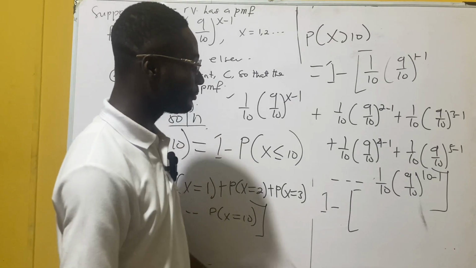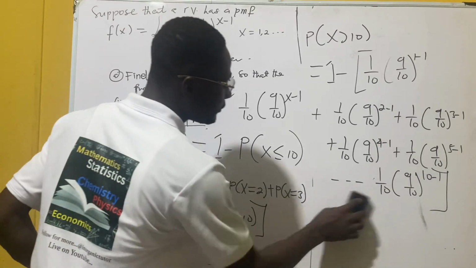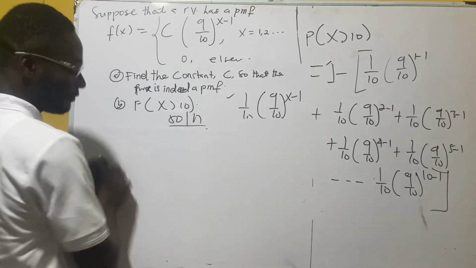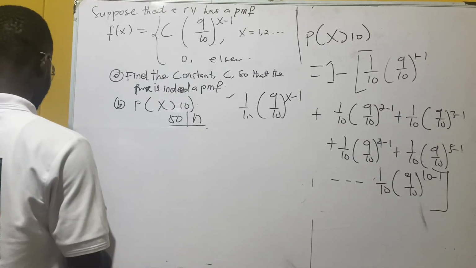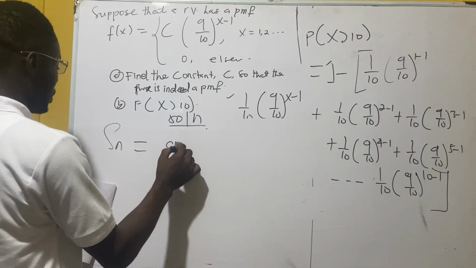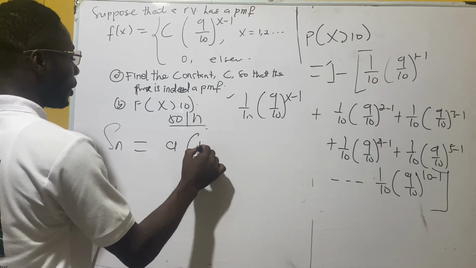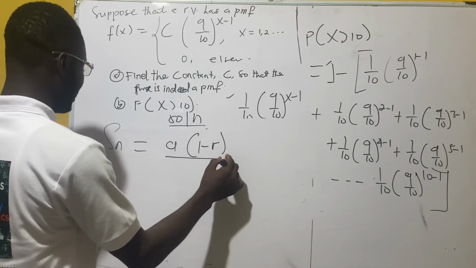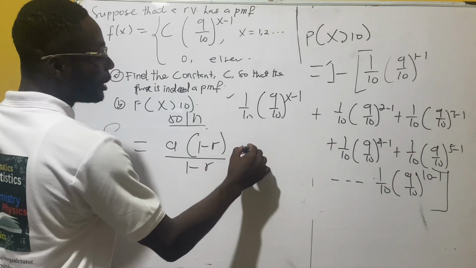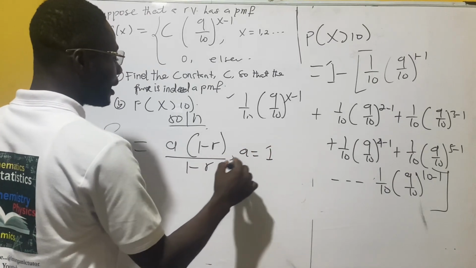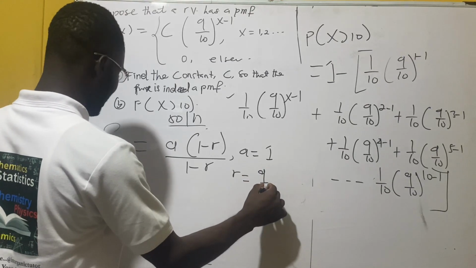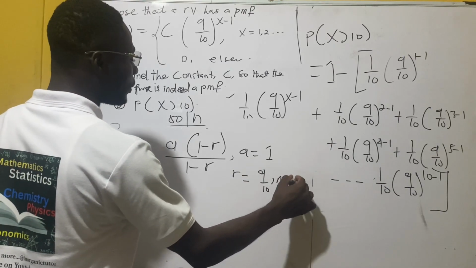With the geometric sum, Sn is equal to a into 1 minus r exponent n over 1 minus r, right? So here we know that our a is 1, our r is equal to 9 on 10, and our n is equal to 10.